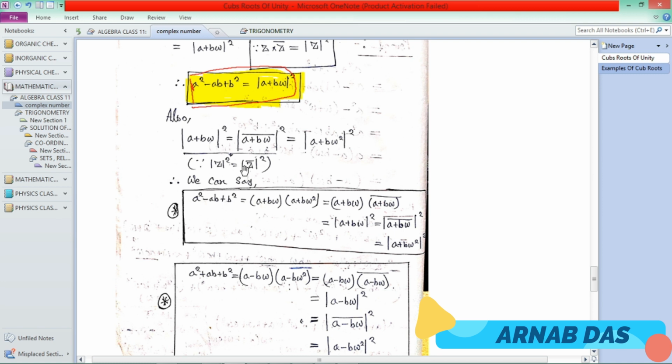And the bar of a plus b omega equals a plus b omega square. So mod of a plus b omega whole square equals mod of a plus b omega square whole square.